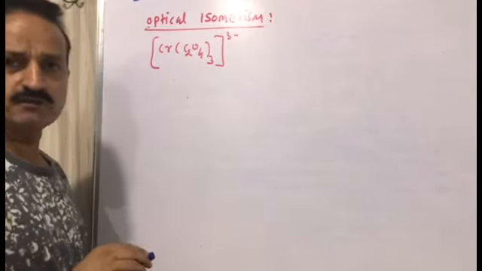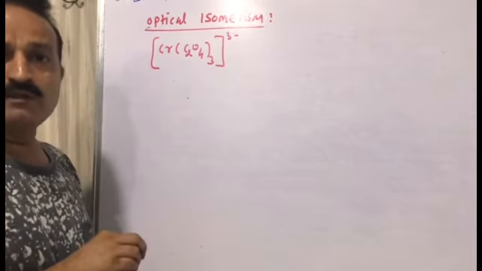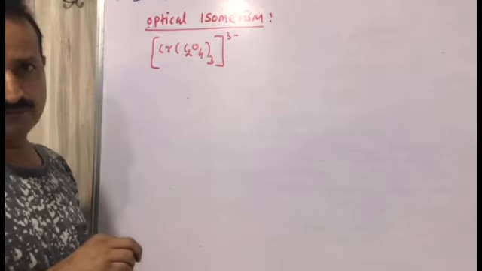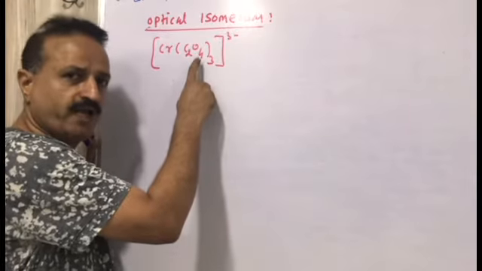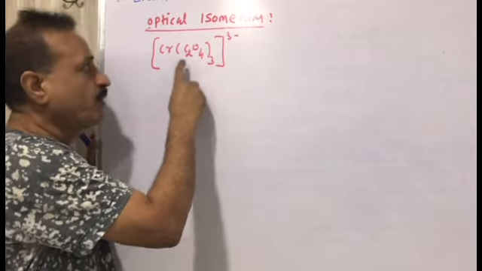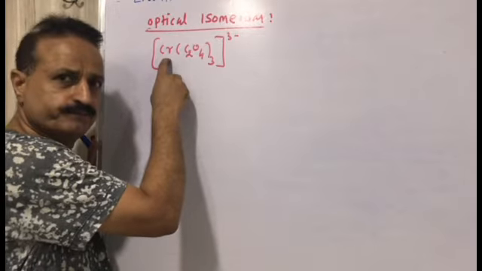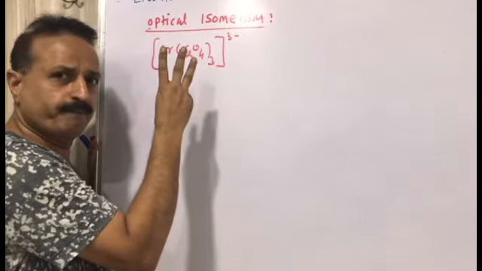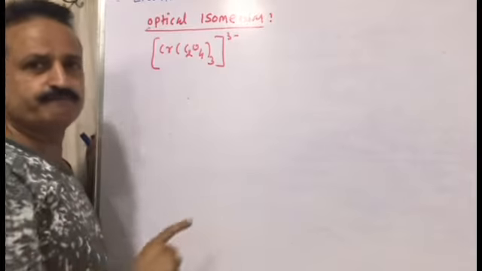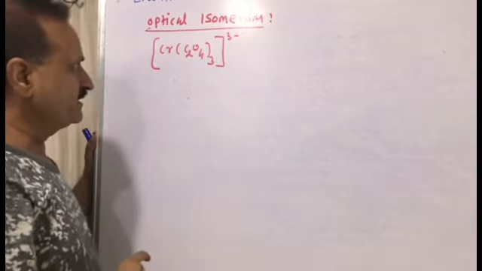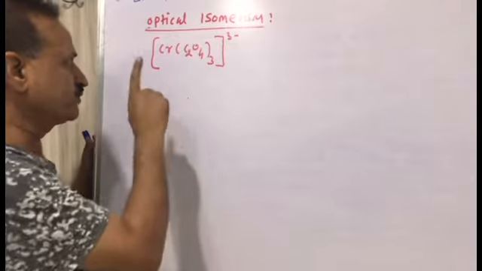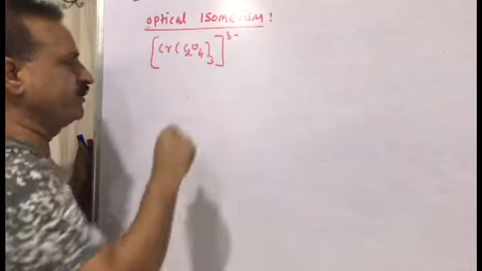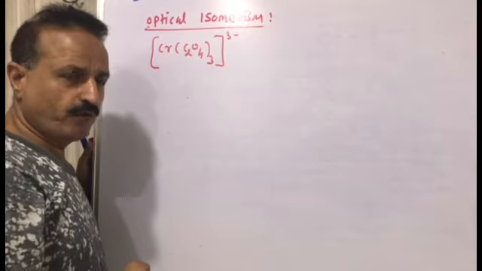First, what is the name of this complex compound? This is trioxalato chromium, sorry, chromate(III) ion, because it is a negative complex compound.